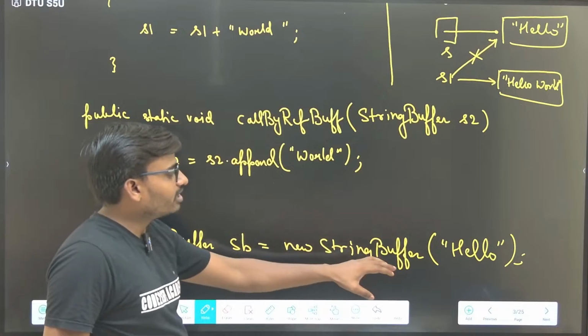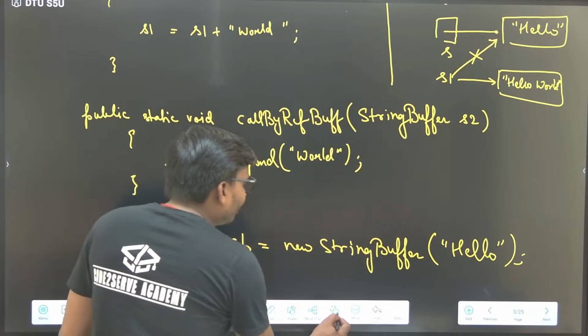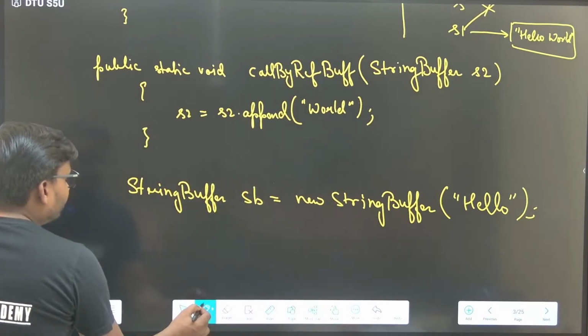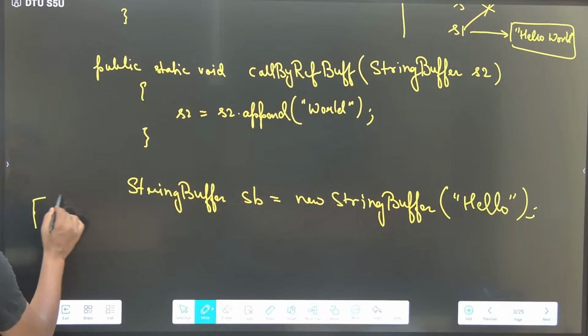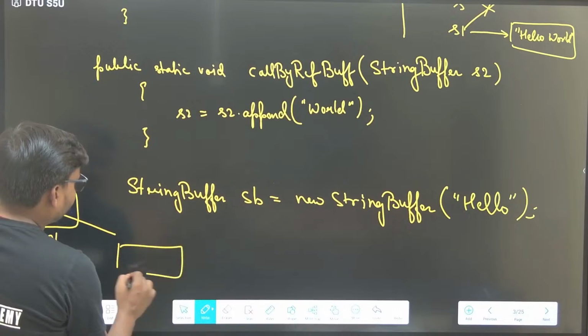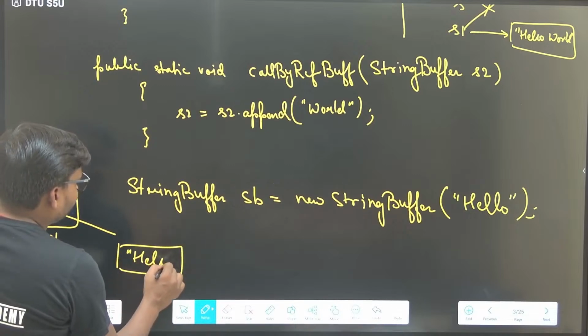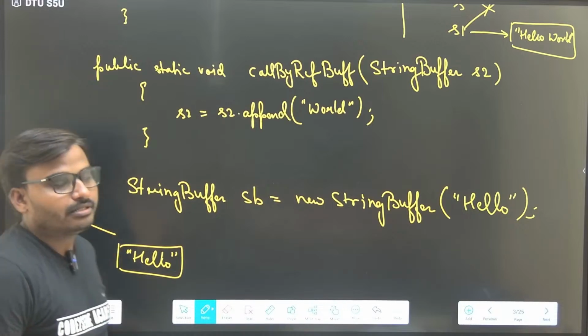Now I'm calling this and creating hello. I'm passing hello. So what will happen in the memory? One variable will be created that will point to this hello, and the name of the variable is SB.